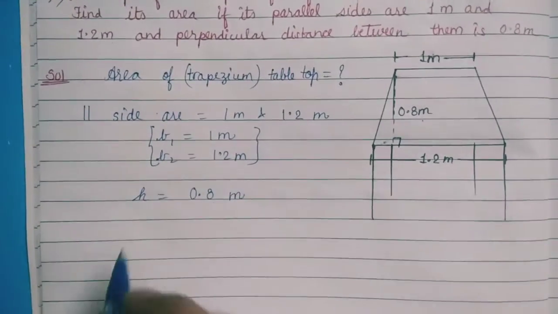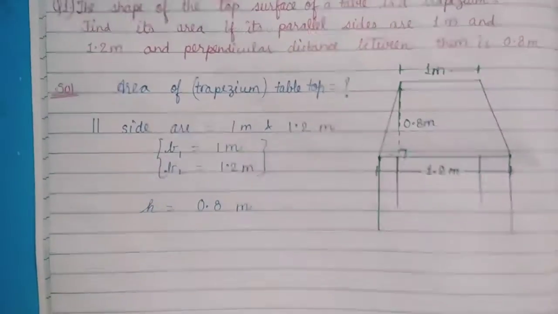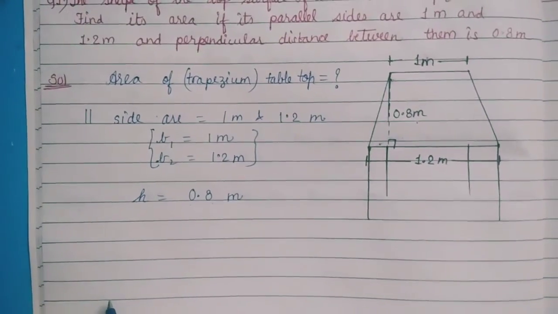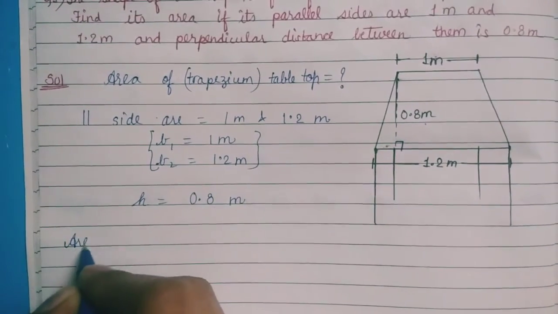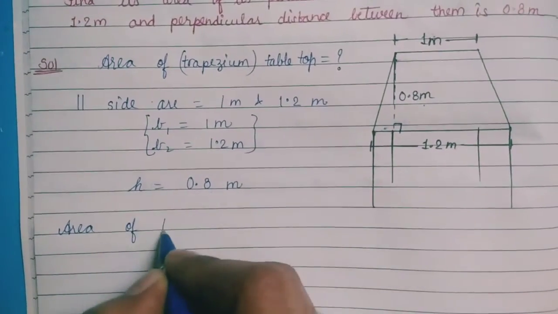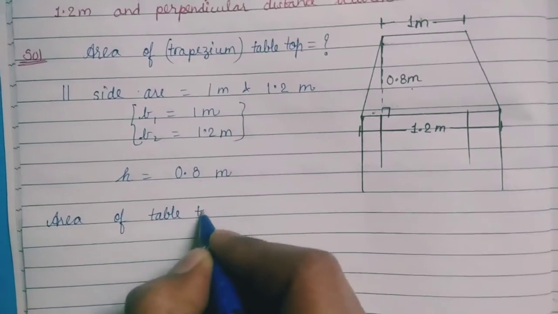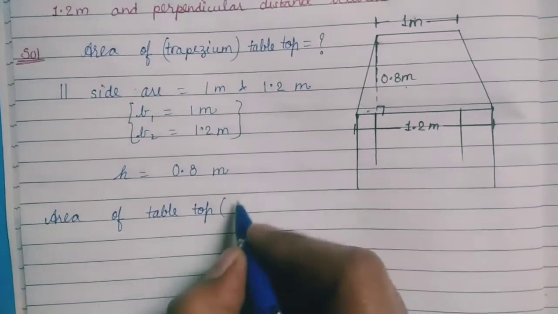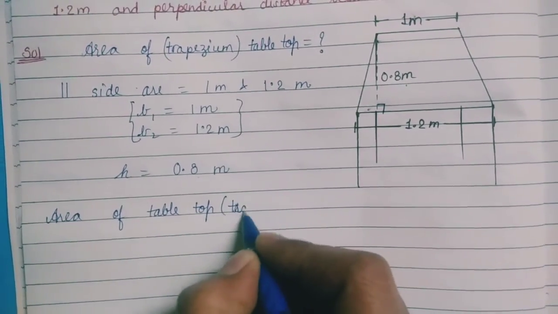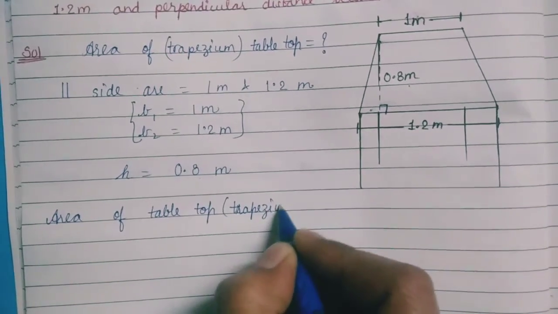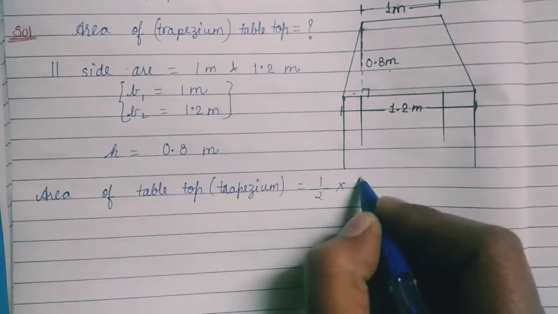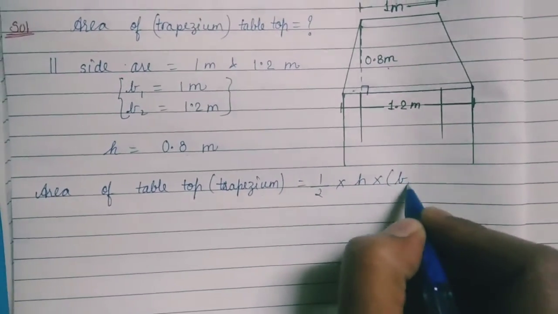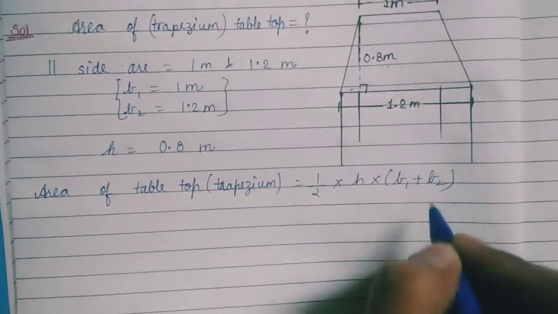Now simply we will put the values in the formula of the area of a trapezium. So the area of the tabletop, which is in the shape of a trapezium, is half into height into (B1 plus B2).